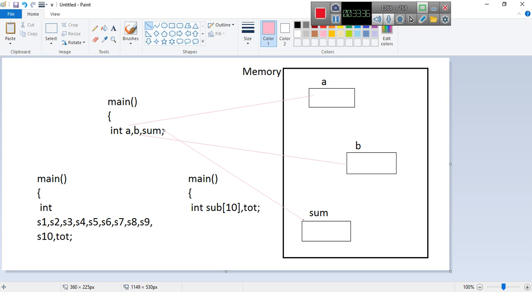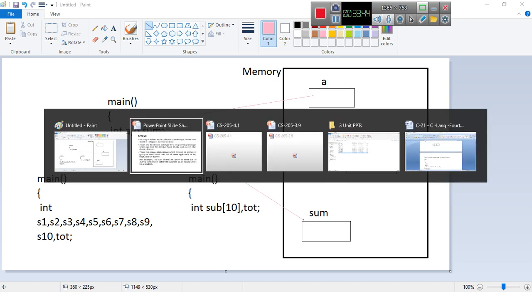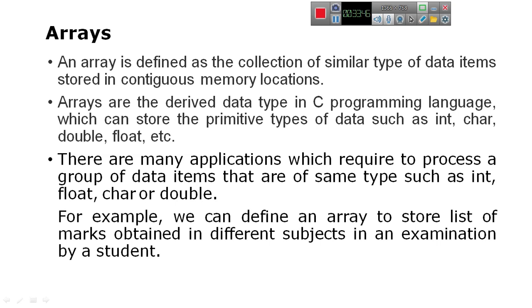So to avoid all these things, arrays were introduced. An array is defined as the collection of similar type of data items stored in continuous memory locations.